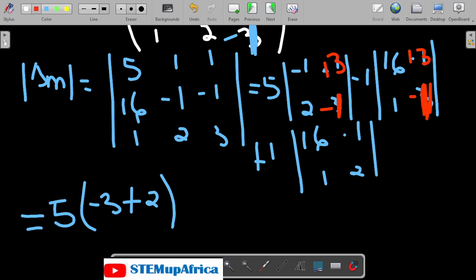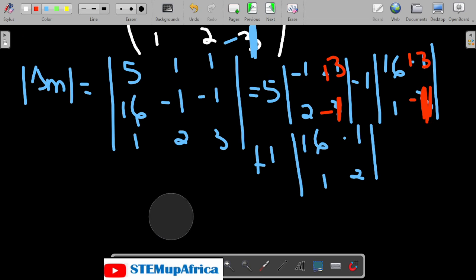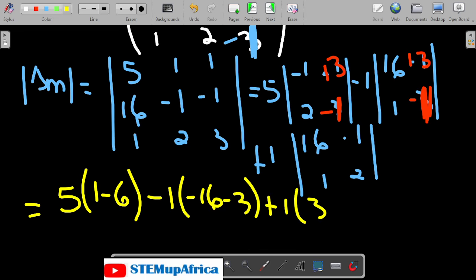If I simplify that, I'm going to have positive 1. Let me erase the whole of this. So this implies 5 into 1 minus 6, minus 1 into 16 minus 3, plus 1 into 32 plus 1.